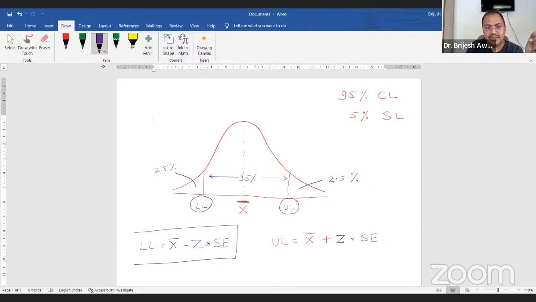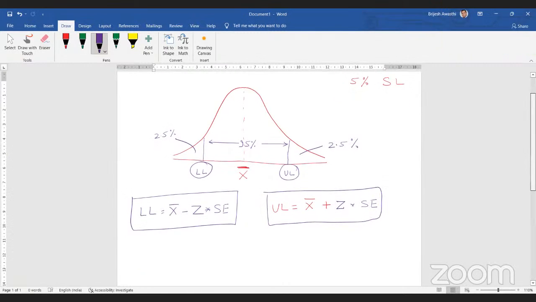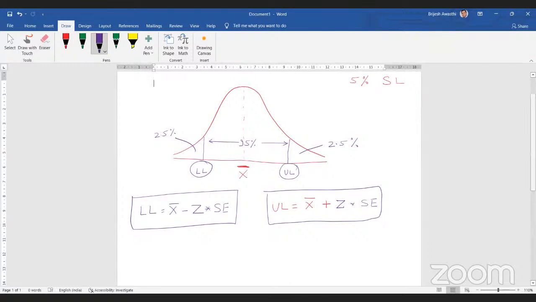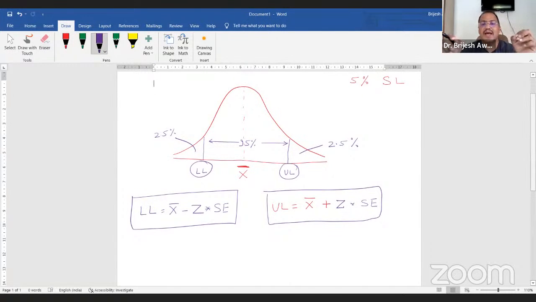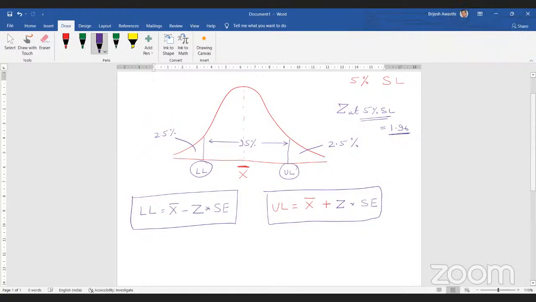Now you will say, sir, this is a very complex formula. Can I make it simple? Just tell me one thing: what is the value of Z when I'm talking about the 5% significance level? That is 1.96, right?